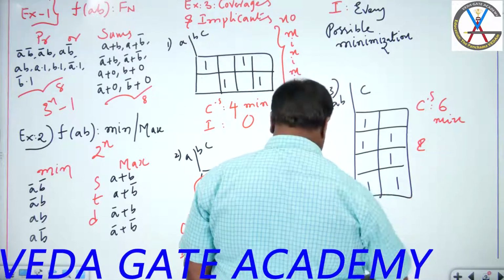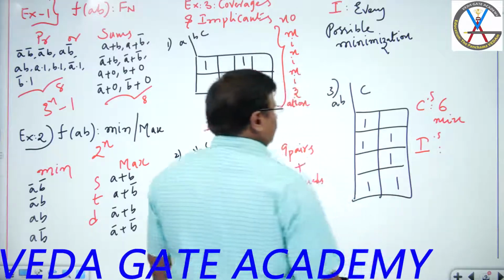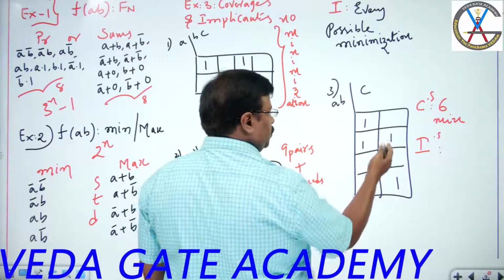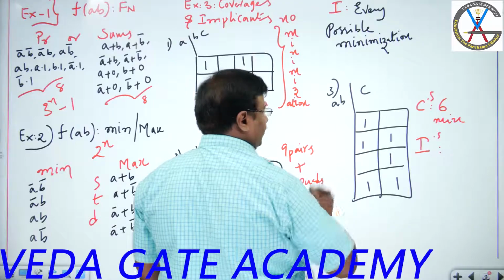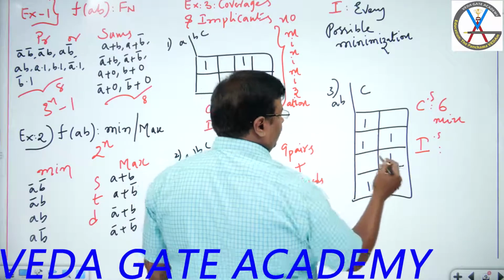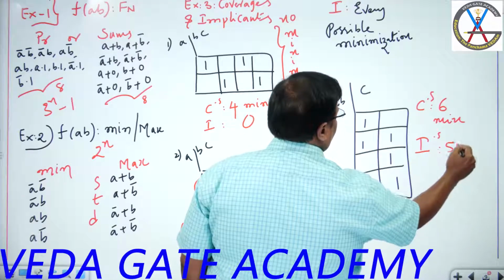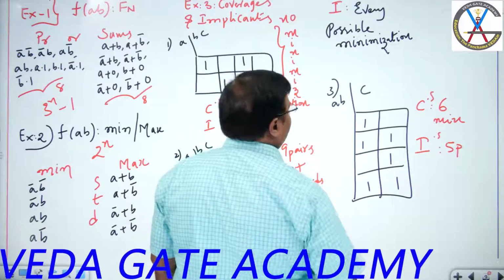Implicants. 1, 2, 3, 4, 5. You see the pairs? 1, 2, 3, 4, 5. So 5 pairs. Do we have any quads? No quads. So implicants are 5 pairs.